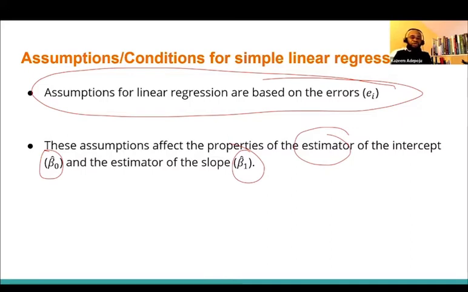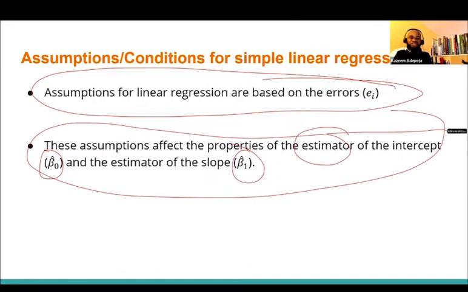And for the estimator to be good, for your formula to be good, do you know that your formula also relies on the assumptions? That was why I said assumptions of linear regression affect the properties of the estimators of beta naught and beta 1.